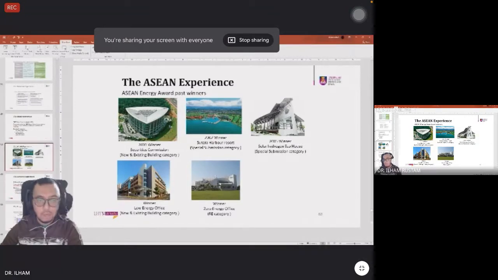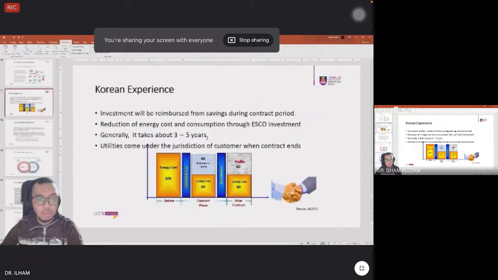In fact, if I'm not mistaken, the Korean experience where ESCO invests, meaning the energy efficiency supplier provides the capital, we also adopted it, especially for UiTM Terengganu. Cuma tak silap saya, last saya tahu 2018, that scheme dah tak ada.